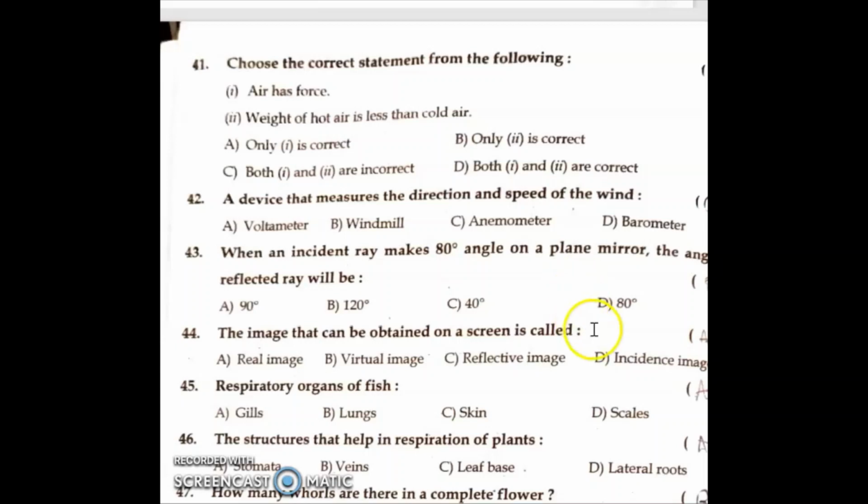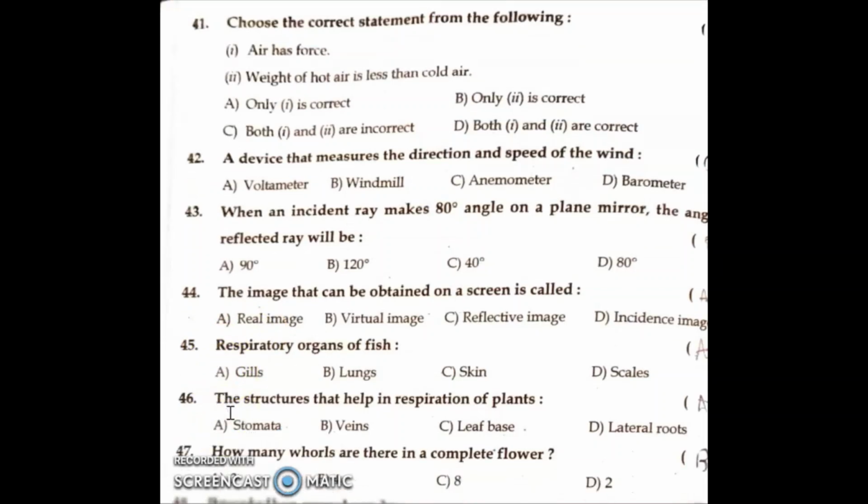D. 80 degrees. The image that can be obtained on a screen is called a real image. Respiratory organs of fish. A. Gills.